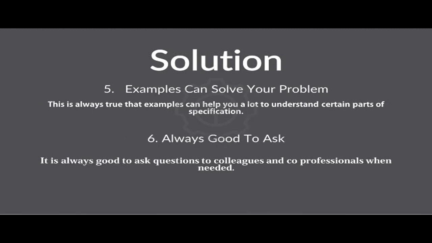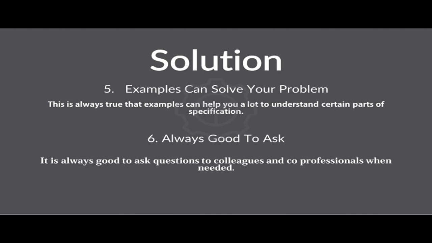The fifth solution is to find an example on the internet. Some people create figures or examples of how this technology or specification could be implemented, and if we can find how the example looks in real life on the internet, it could help us understand a certain part of the specification. And the last solution is to ask a professional.